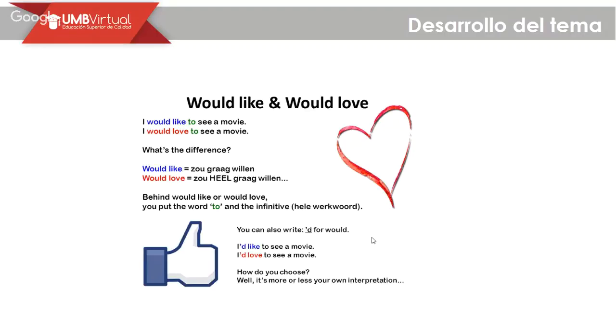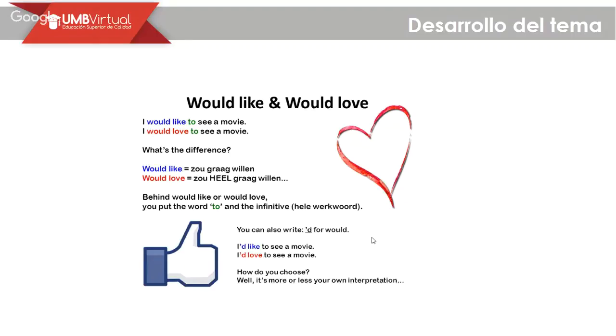What's the difference? Would like, would love. Being would like or would love, you put the word to and the infinitive. I would like to see a movie or I would love to see a movie. How do you choose? Well, it's more or less your own interpretation.